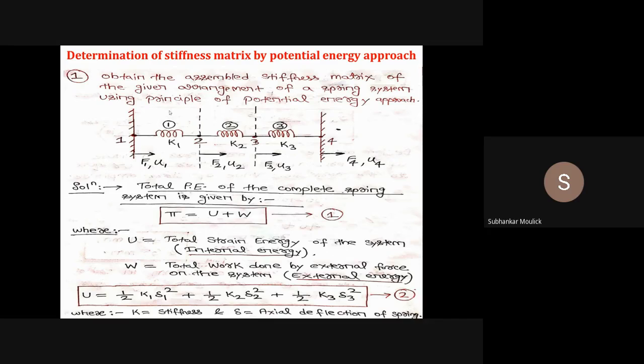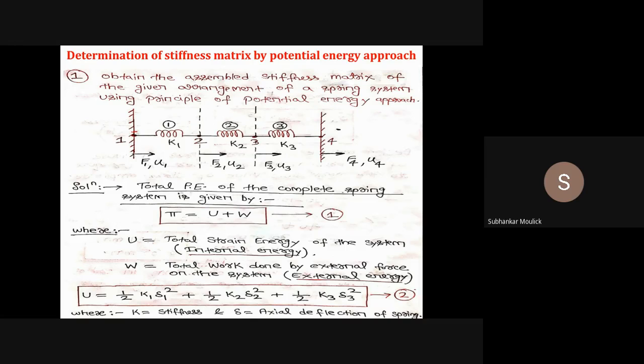It is also given that the first spring has a stiffness value of K1, the second spring has a stiffness value of K2, and the third spring has a stiffness value of K3.